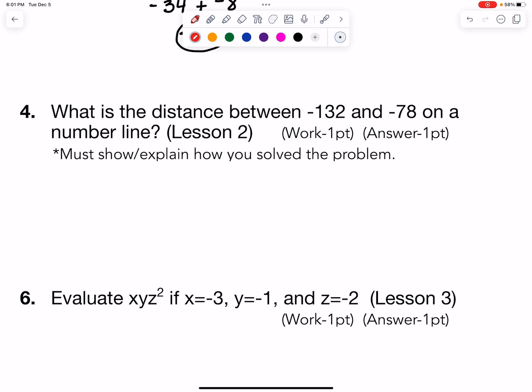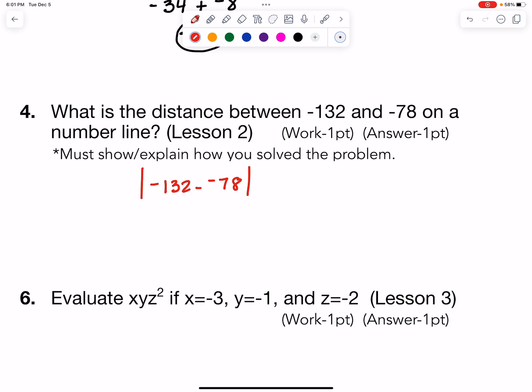And so we have a negative 132 minus a negative 78, okay? And we're going to take the absolute value of those, because we're asking the distance between. It has to be a positive answer. How far apart are they?